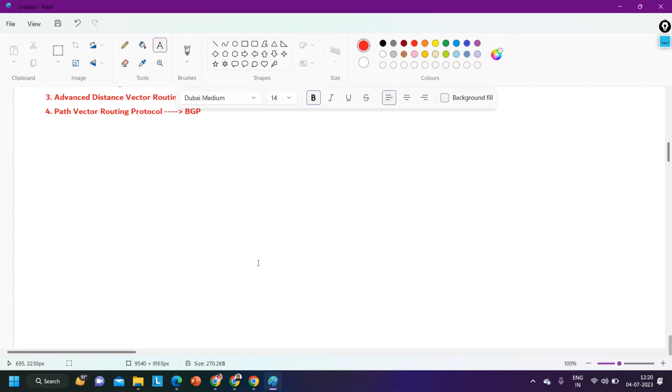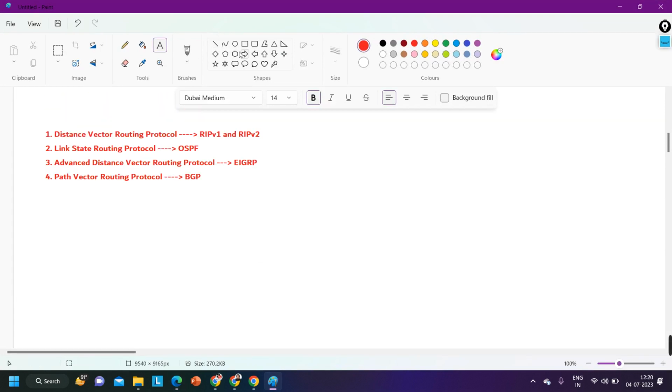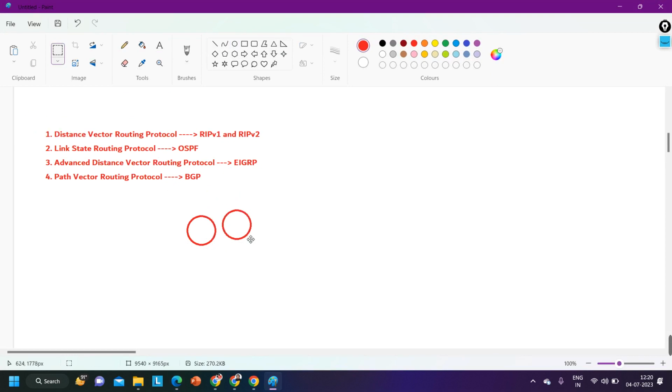Let me design one topology over here. I have router 1 here, router 2, router 3, and let's say router 4.